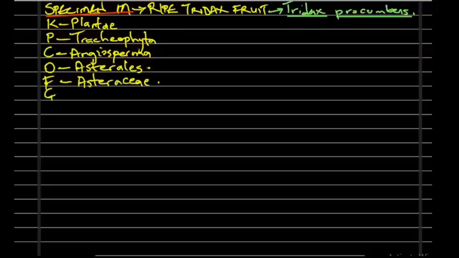And then we have the genus now. The genus happens to be Tridax, and then the species is procumbens. So these are the things that we want to look at talking about the Tridax.